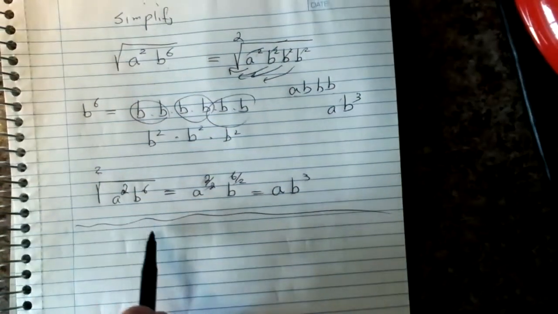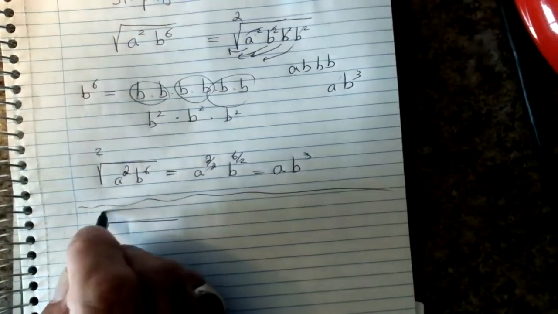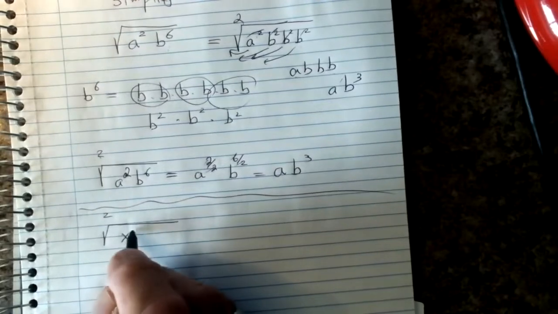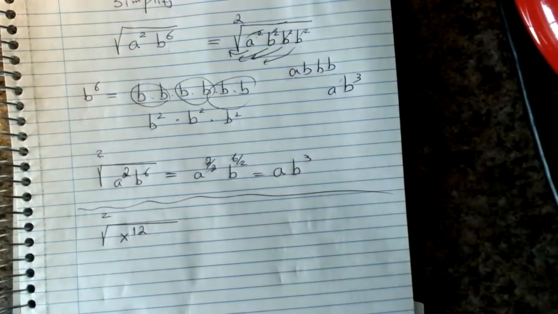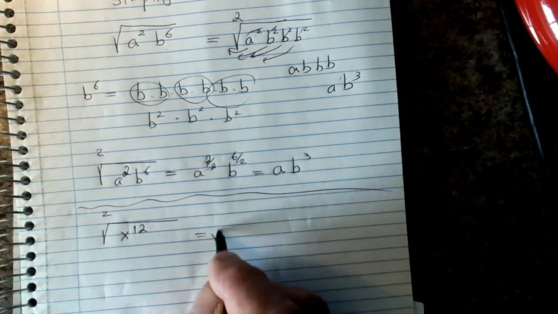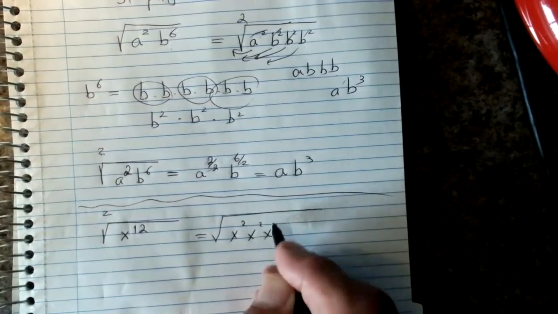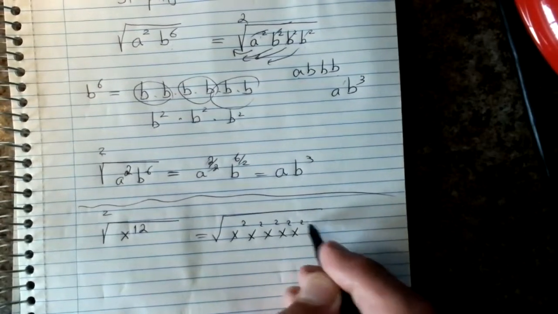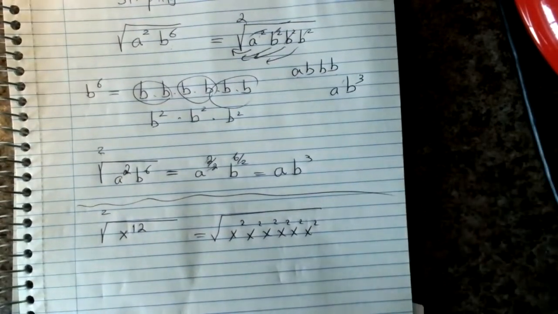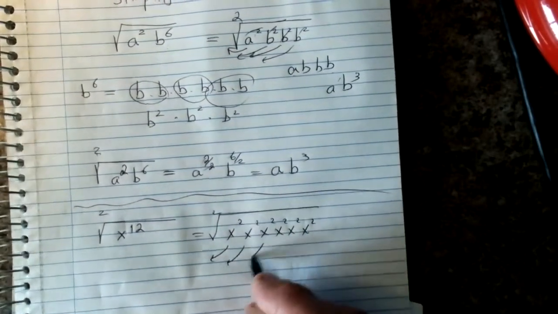It's better to learn it this way, you know, because what if you have something like this? X to the power of 12. You could do it this way: 12 is 2, 2, 2, like that, and then one by one bring all these x's out.